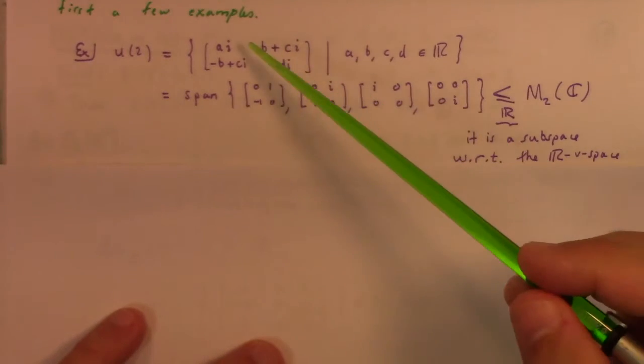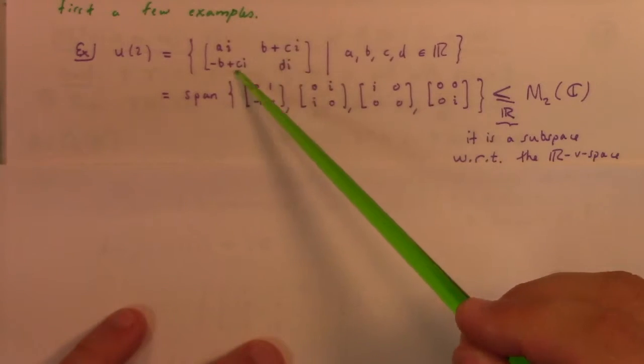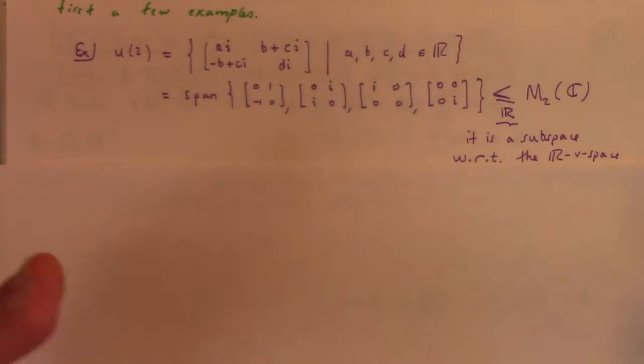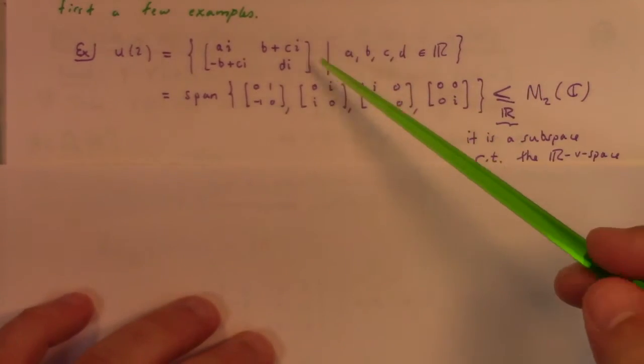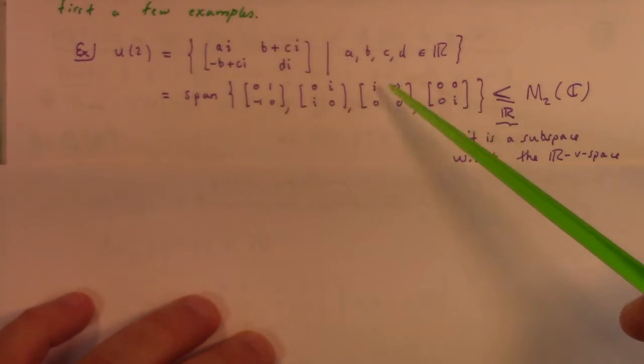That means pure imaginary on the diagonal, and when you flip these over and conjugate, if you add such a thing to itself, you should get back 0, and you can see that the conjugate transpose of all these is equal to 0.